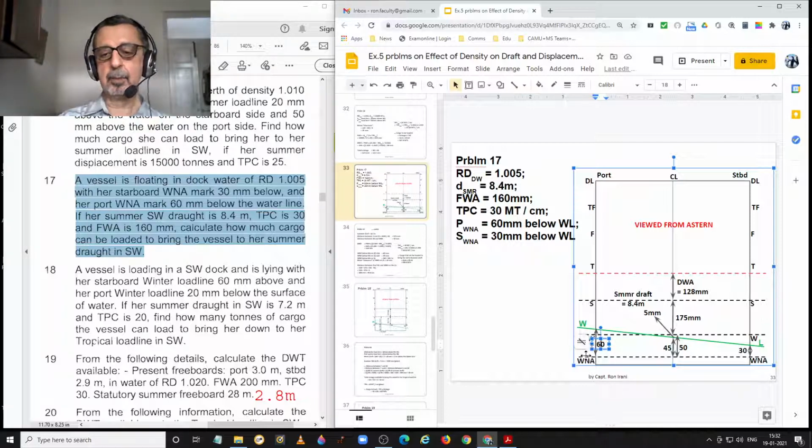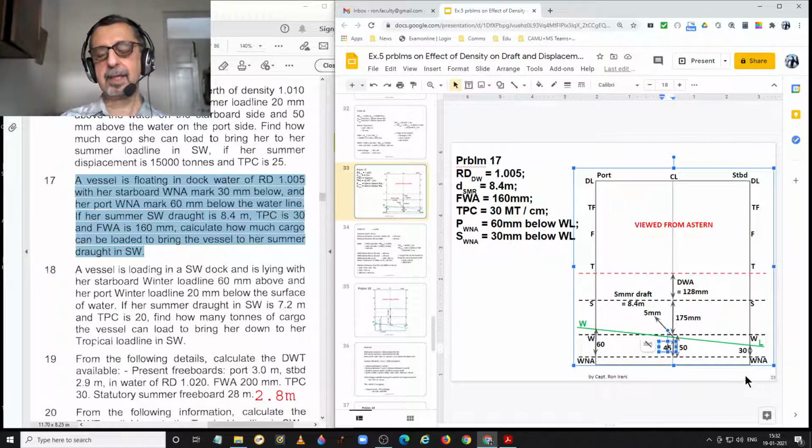Since the WNA load line is below the waterline on both port and starboard sides, the mean clearance on the center line is equal to the sum of the two clearances, that is in this case 60 plus 30 equal to 90, and divided by 2, that is equal to 45.